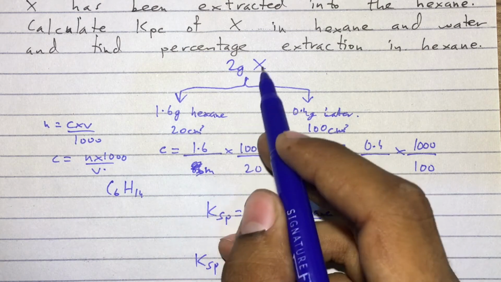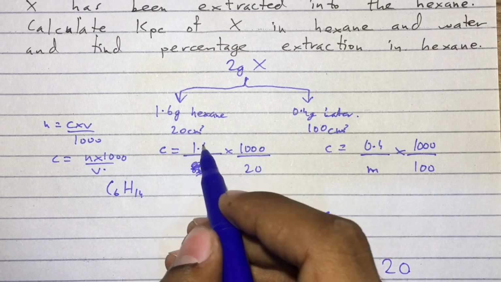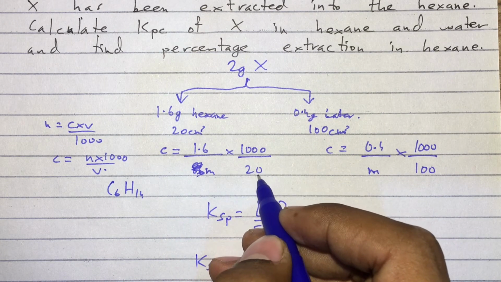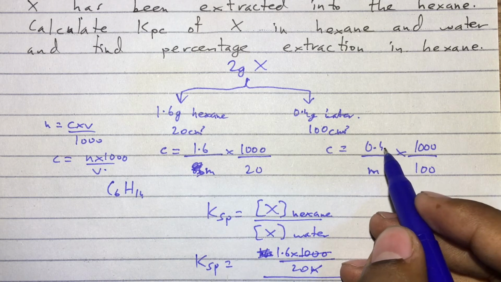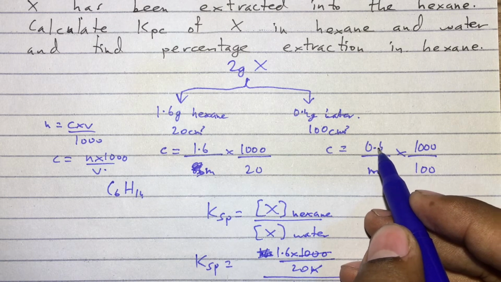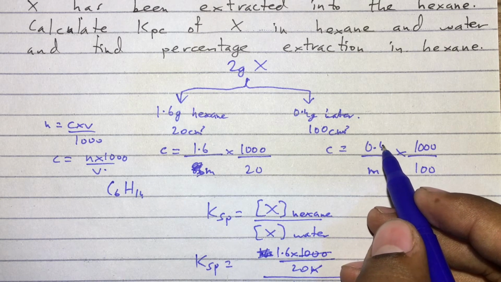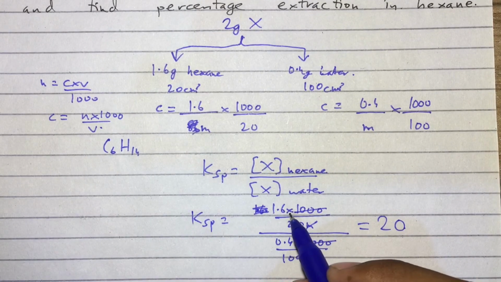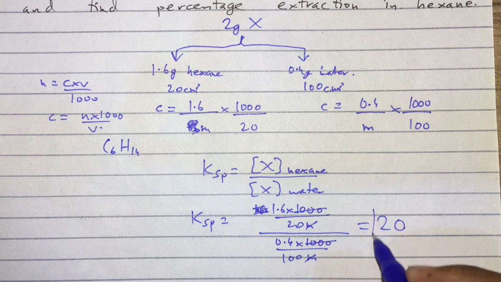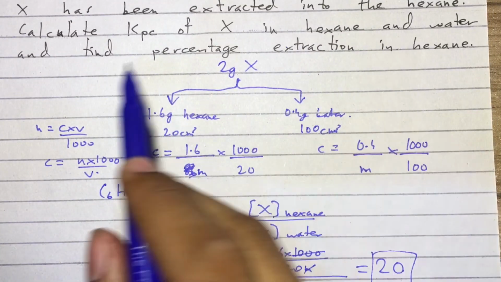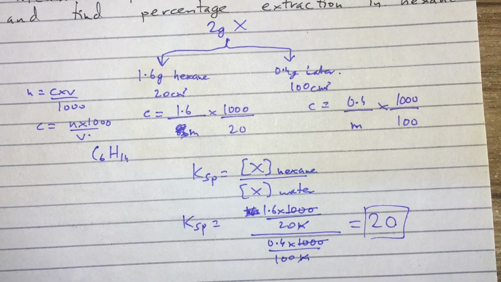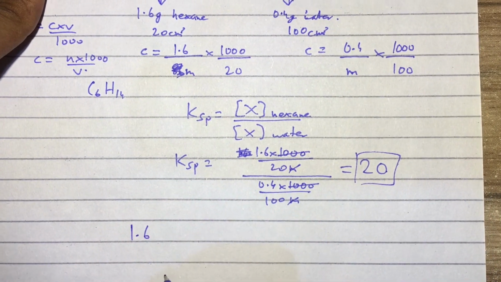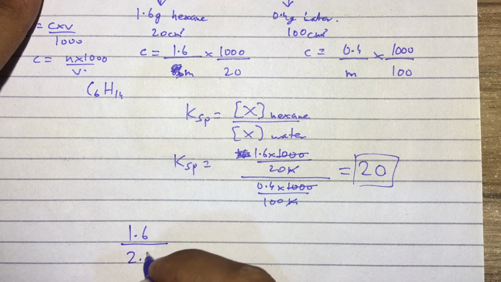So to find the moles of X, we'll divide 1.6 by the Mr of X, let's say it's m, into 1000 upon the volume, that is 20. For water, moles is the mass, that is 0.4, upon the Mr, that is m, into 1000 upon 100. So then we find the ratio, which comes equal to 20. Then they're saying, find the percentage extraction in hexane. So 1.6 gram got extracted into hexane from a total of 2.0 gram.